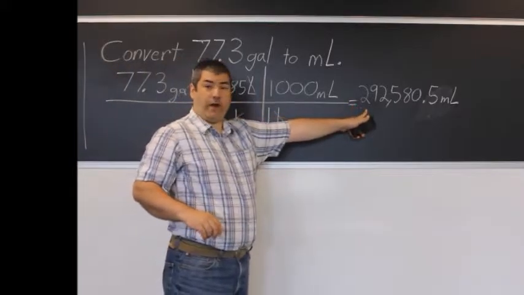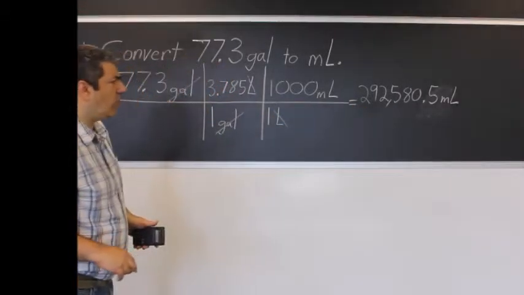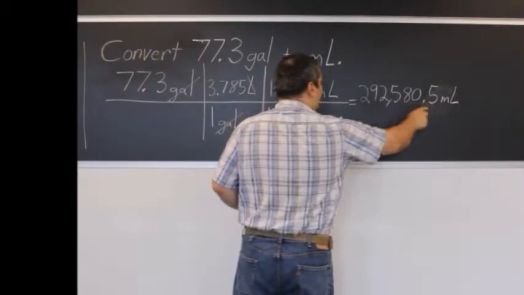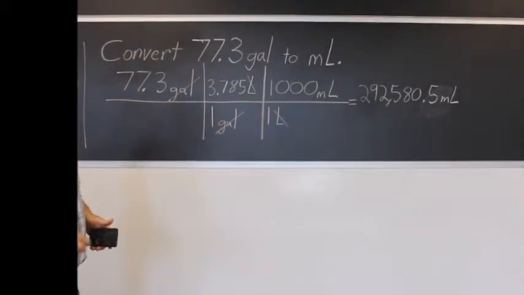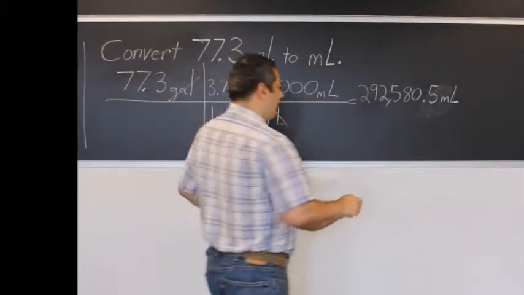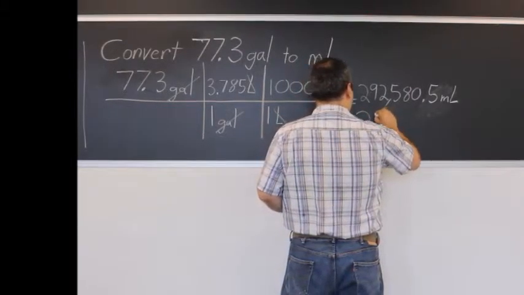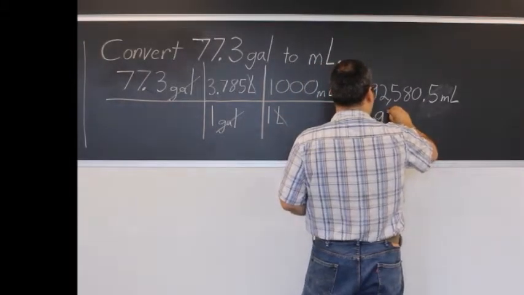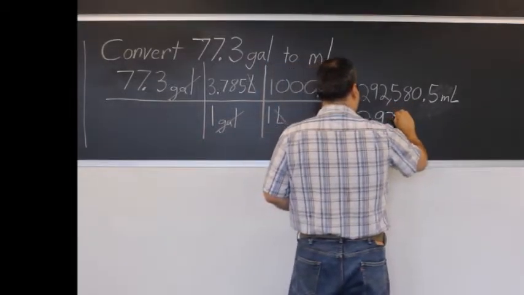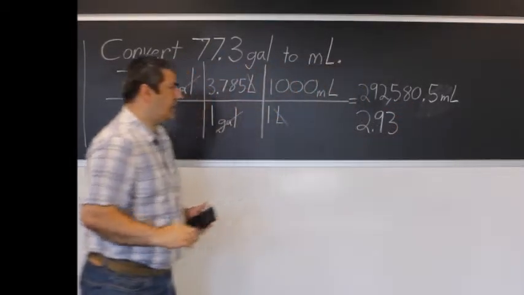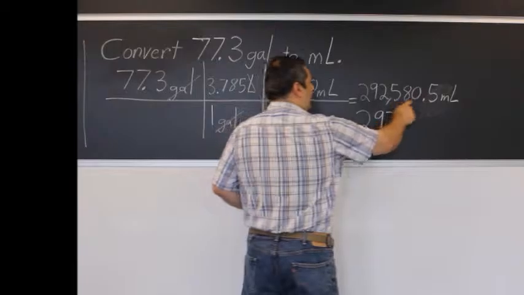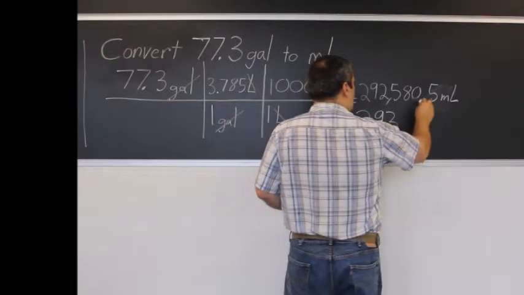Well, it's a very large number, so rather than just put a bunch of zeros at the end, this is where we use scientific notation. So it's going to be 2.92, and we can actually round this to 2.93 because of the 5/8 that's after it.